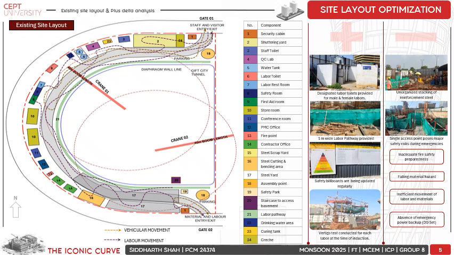The negatives, or the deltas, which we found at the site were that the steel was not arranged properly and also not stacked properly, due to which the movement of the labors as well as the vehicles got restricted, as it was not arranged properly.